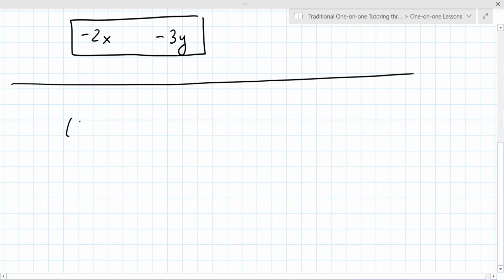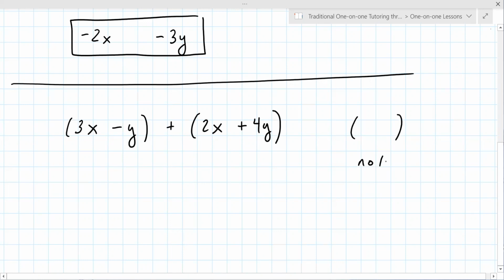Okay, I'm going to be a little more deceptive, a little more difficult here. Let's go 3x minus y plus 2x plus 4y. Now, the parentheses are not needed. The reason they're not needed is because there's a plus sign here and there's nothing here, but we assume it's plus.